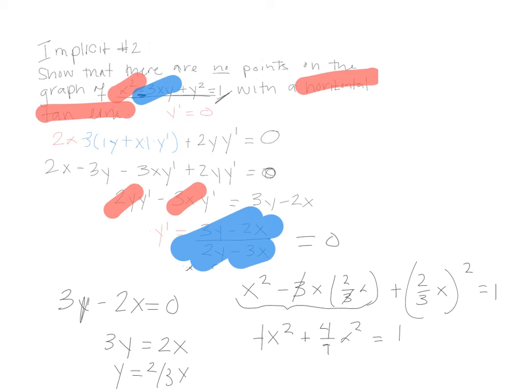So negative 1 plus 4/9 is negative 5/9 x squared equals 1, which gives x squared equals negative 9/5.